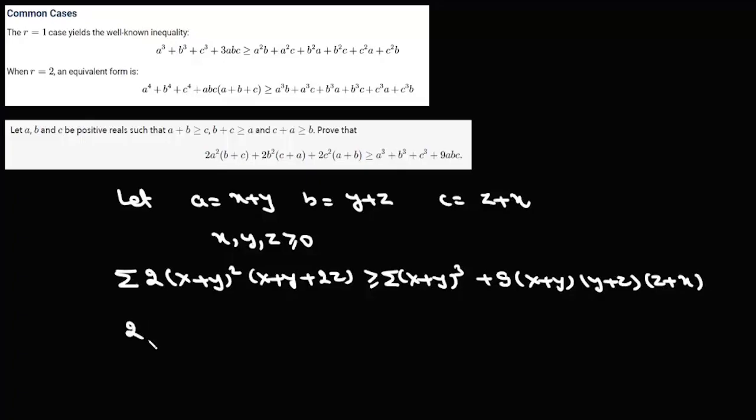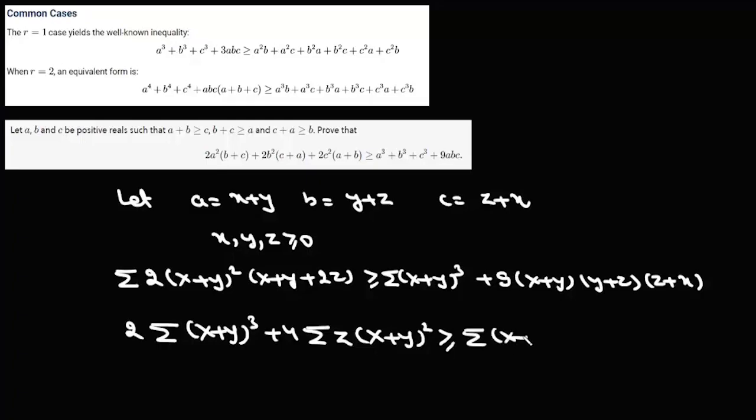Now we can write this as 2 times the summation of (x+y)³ plus 4 times this summation of z(x+y)². It is greater than or equal to the summation of (x+y)³ plus 9 times (x+y)(y+z)(z+x).